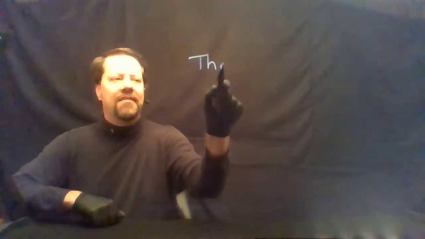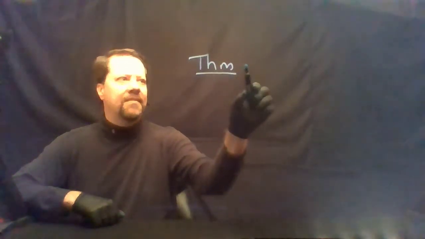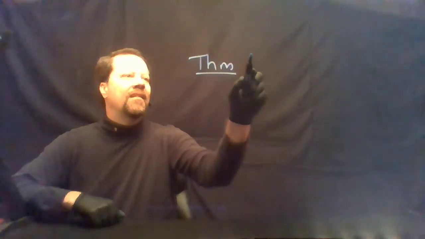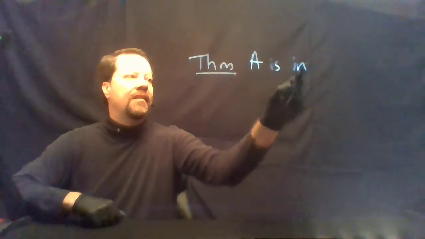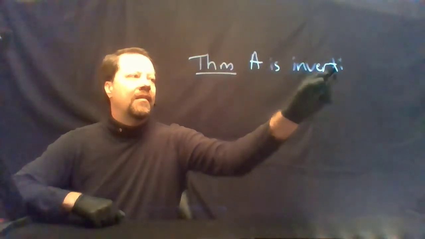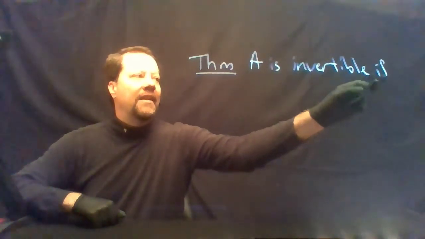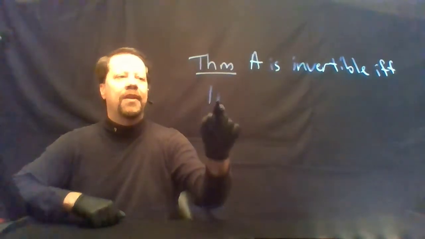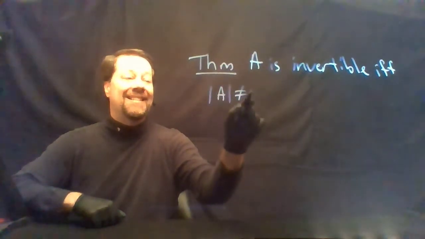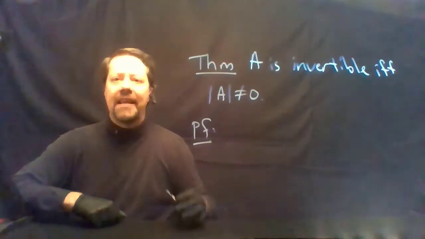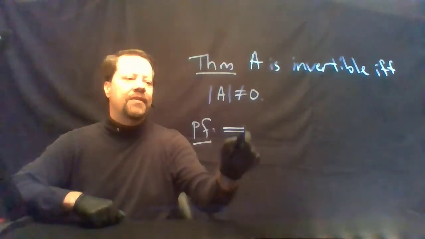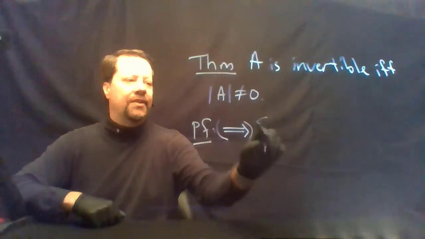There is another theorem that we can prove from all of this. A is invertible if and only if the determinant of A is not 0. This is an if and only if proof, so we're going to have to prove both directions.